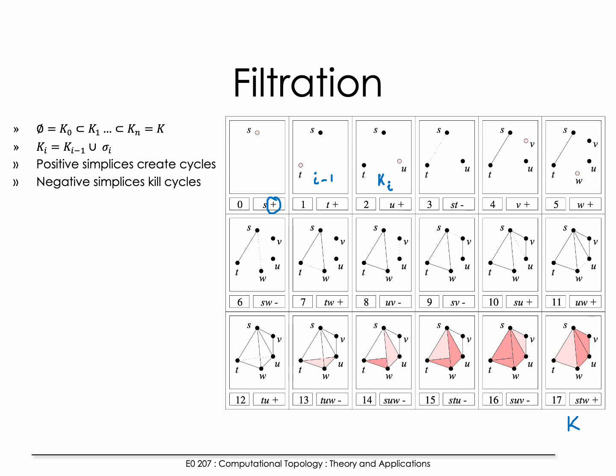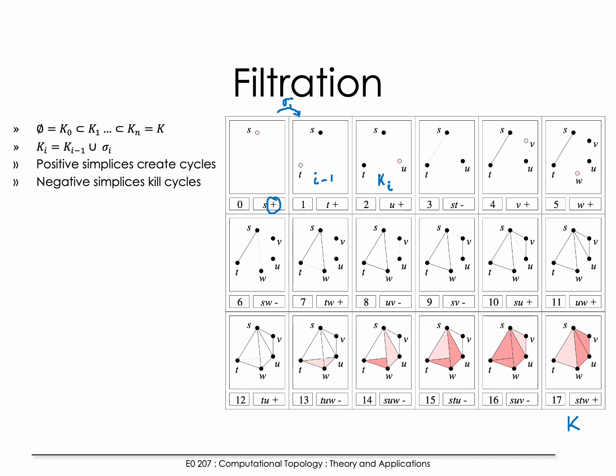So here you start with K sub 0, and you are going to insert S in order to give you the next step. So you insert the first simplex, sigma sub 1, to give you K sub 1. So in the third step, you insert the edge ST, and that gives you K sub 4.